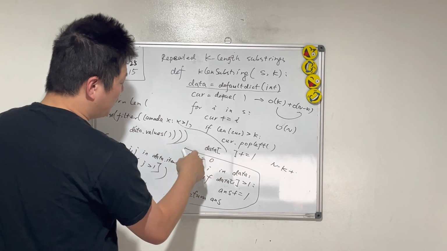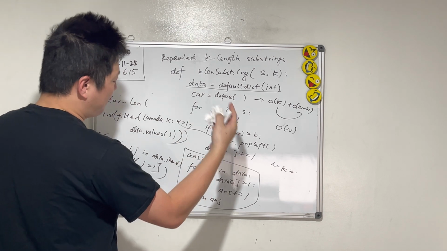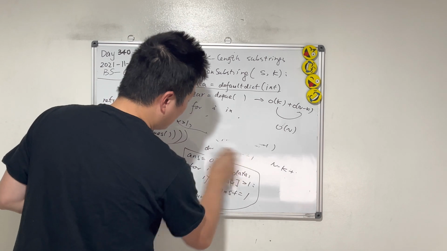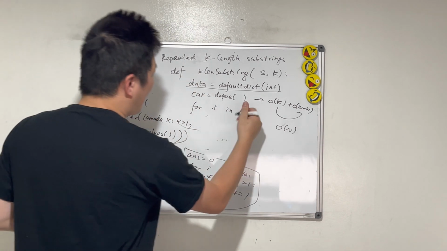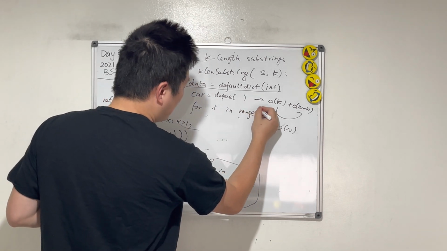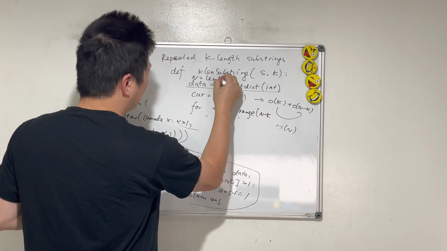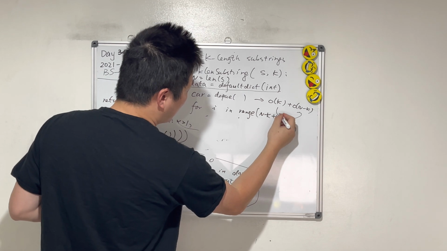We can actually iterate over the k-length substrings by the index, right? So we can just do this: for i in range n minus k, where n is the length of S. Obviously, n minus k plus 1.